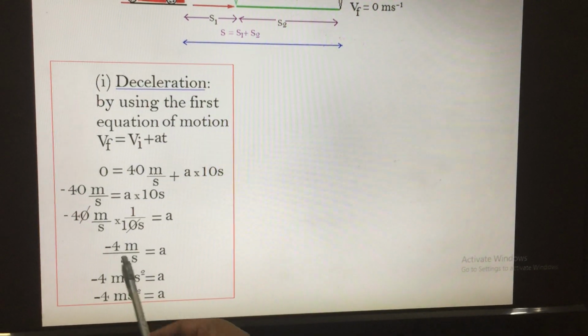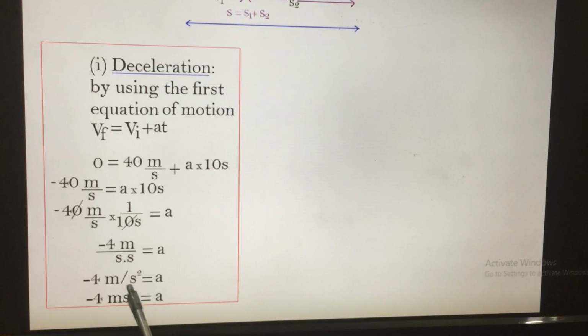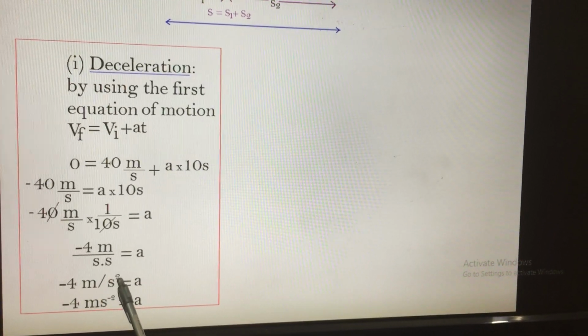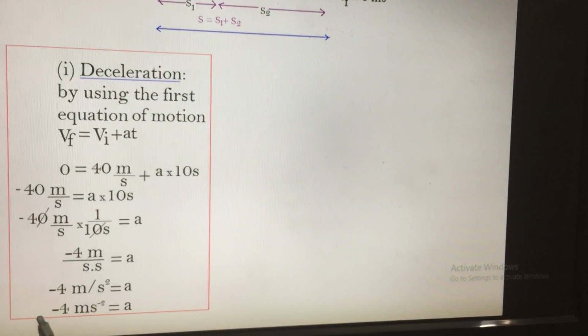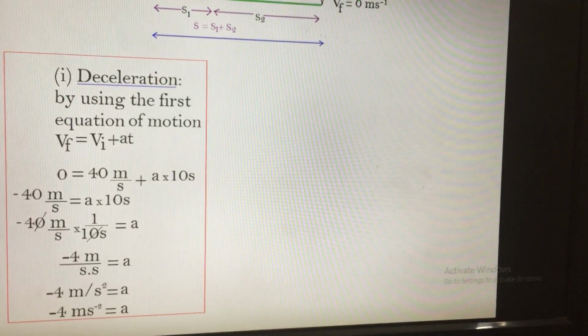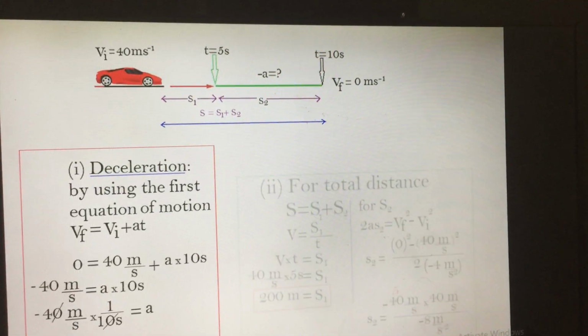We can write this as meters per second square. And when seconds square goes up, its power becomes negative 2. So we have a is equal to minus 4 meters per second square. Okay, now we have calculated the deceleration.